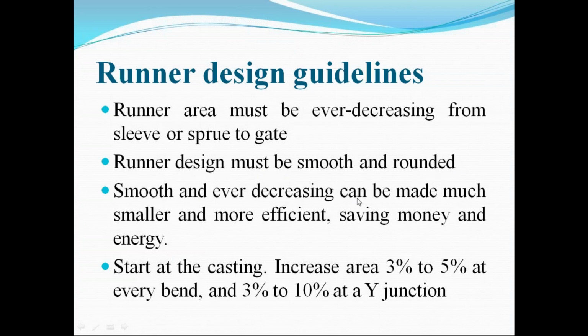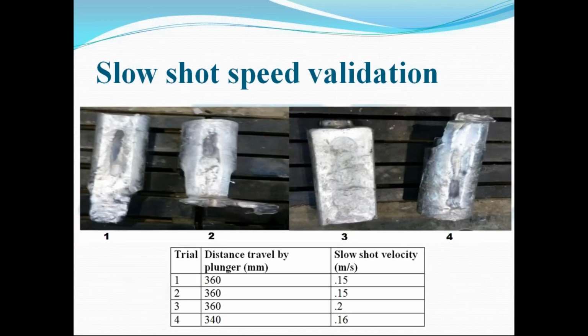Smooth and ever decreasing runners can be made much smaller and more efficient, saving money and energy. Start at the casting, increase area 3% to 5% at every bend and 3% to 10% at Y junction. So these are the guidelines for proper design of the runner.